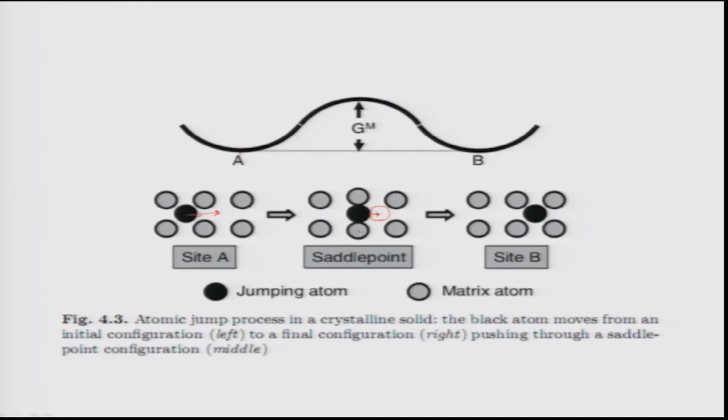So, that means from position A to position B, if the atom needs to go, it has to cross over a barrier, and that barrier is nothing but a migration barrier. That is why it is written GM, and this migration barrier needs to be crossed by the atom to reach from the equilibrium position here to this position. That is what is shown here.